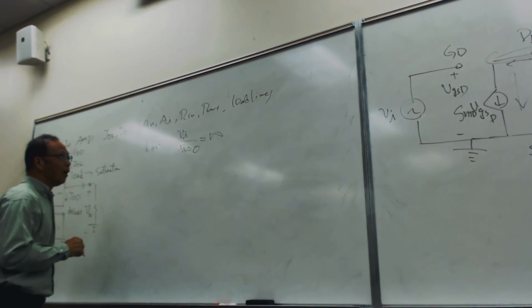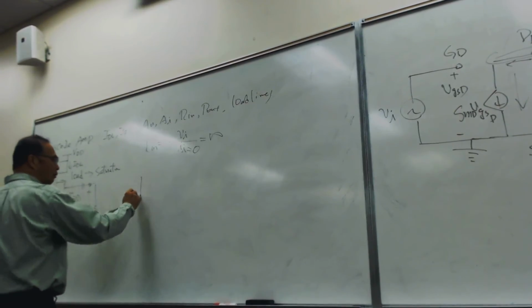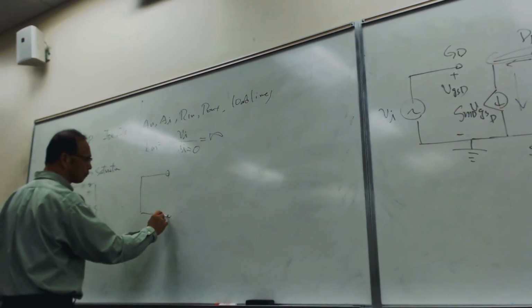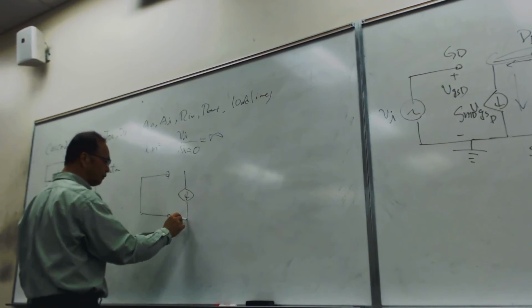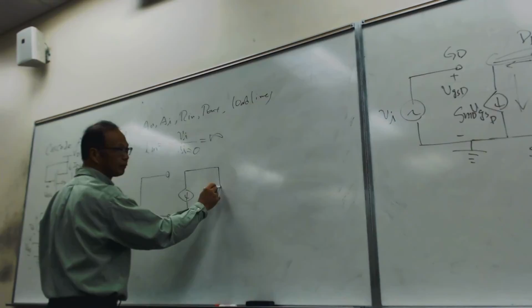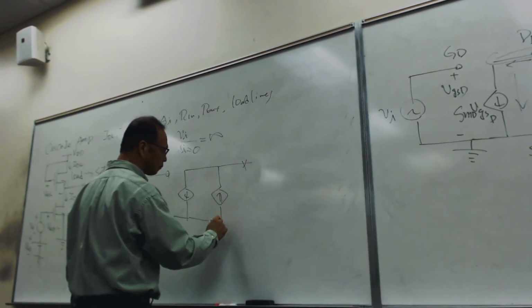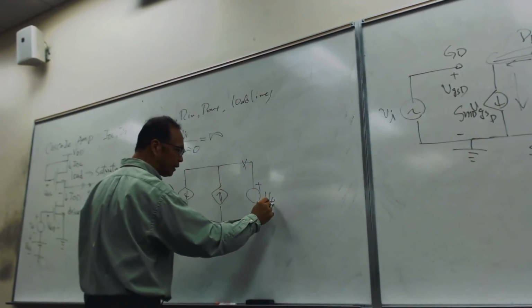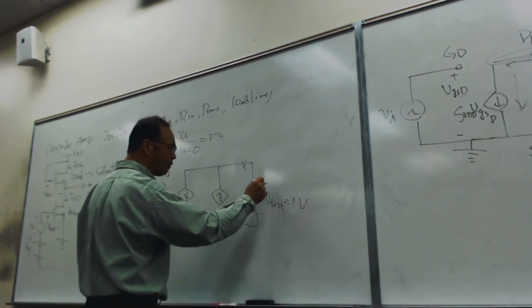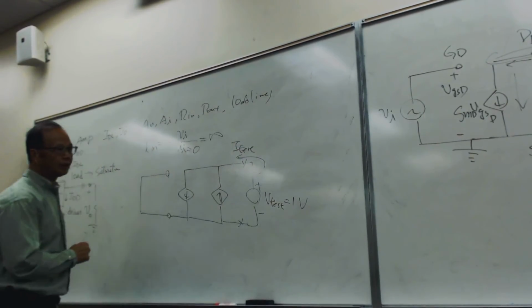So what about R sub out? R sub out would be like this. Now I have to put a test voltage. So I'm going to put a test voltage, V test equal to 1 volt, so this becomes I test.